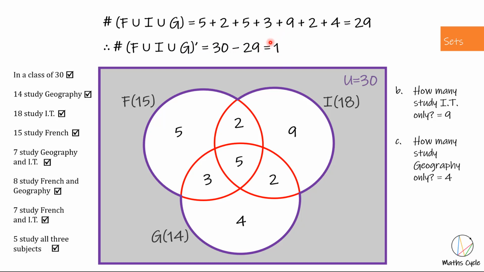The complement is all of this part highlighted in grey, and that one student that doesn't study IT or French or Geography will be put here on the outside. And that leaves me answering my last question, part D: what is the cardinal number of F union I union G complement? It equals 1.